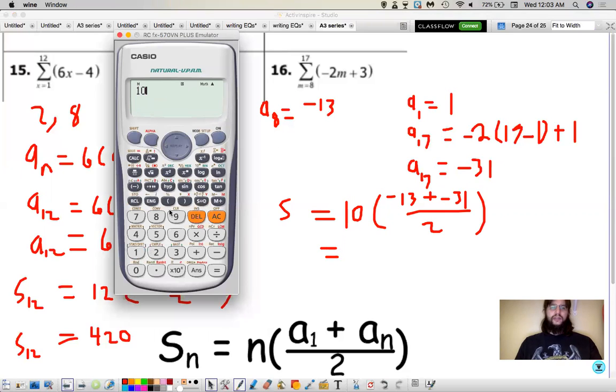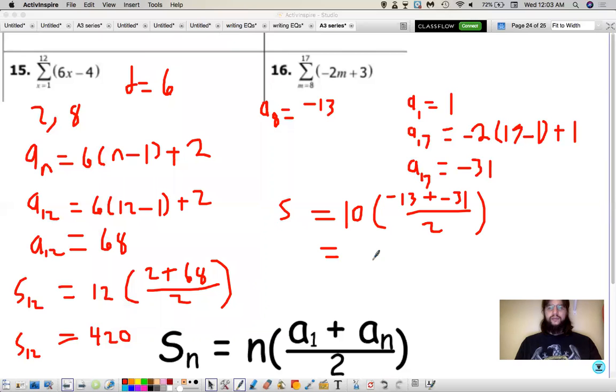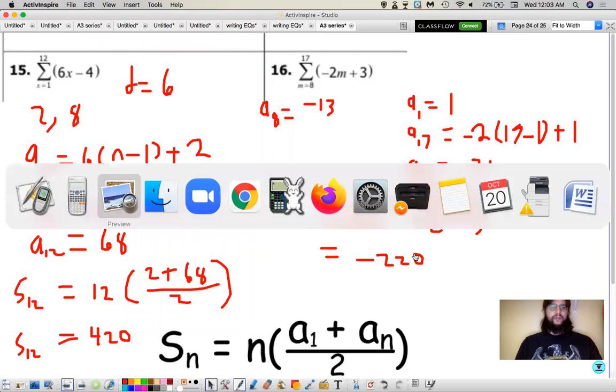So 10 times... I'm definitely going to check the book. I think there's a different way they might want us to do this. Should work this way though. We get -220.